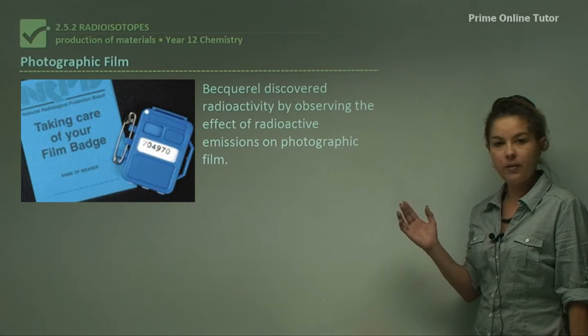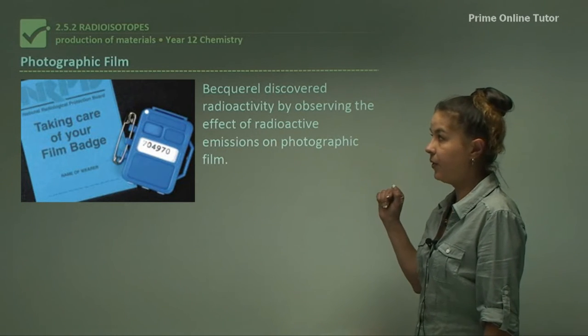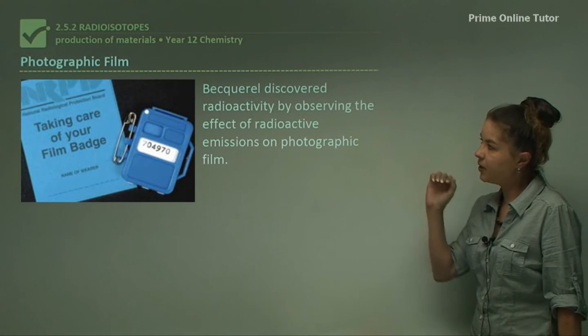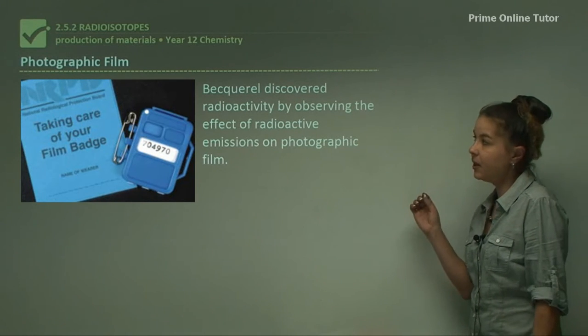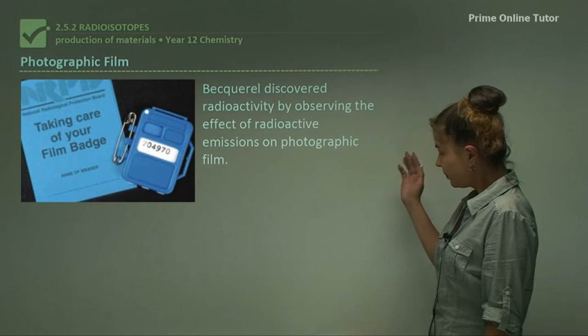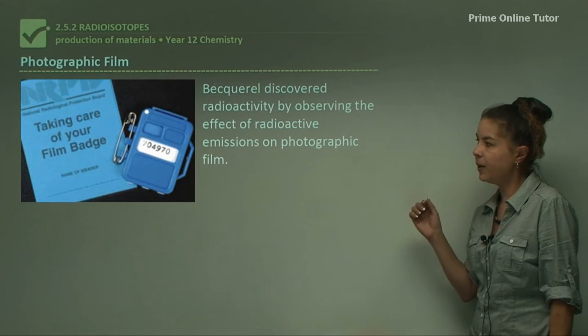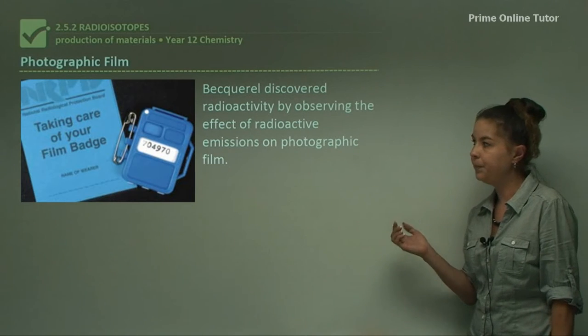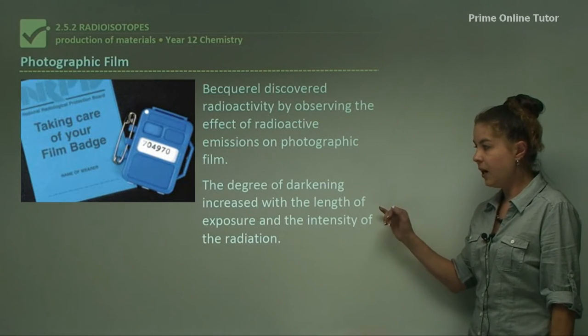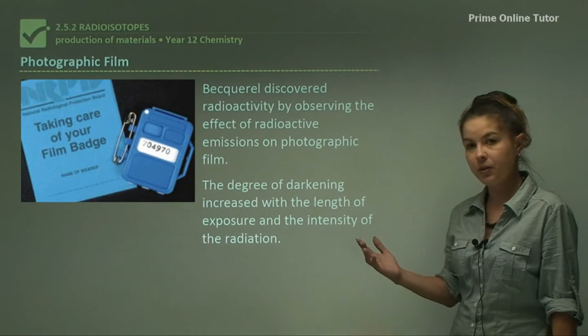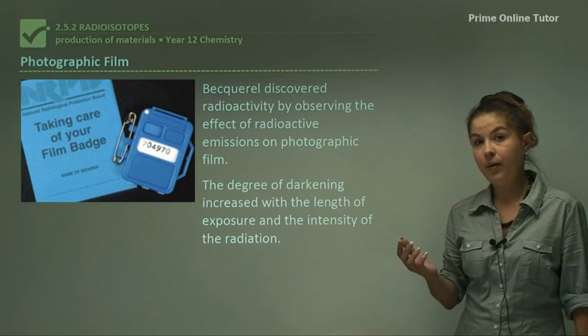Another way of detecting radiation is through photographic film. About 100 years ago, a French scientist called Becquerel discovered radioactivity by observing the effect of radioactive emissions on photographic film. The degree of darkening on his photographic film increased with the length of exposure and the intensity of the radiation.